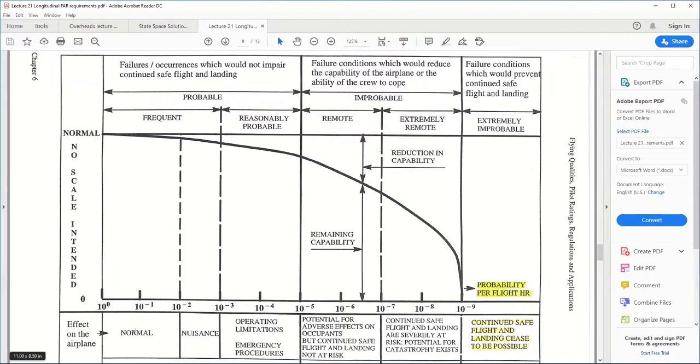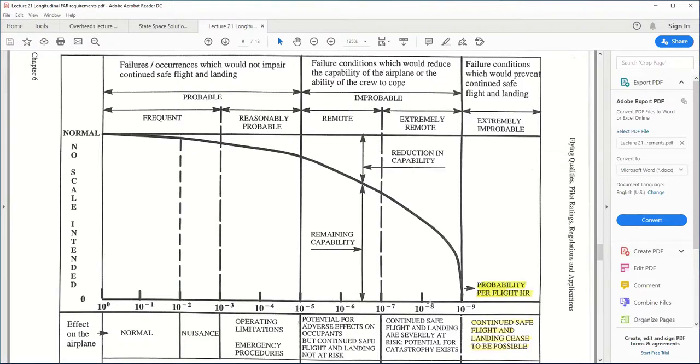If it's no big deal, it can happen as many as 1/10 of the time. If it's a nuisance, it needs to happen less often. If there are emergency procedures, but you can still handle it, it needs to happen less often.